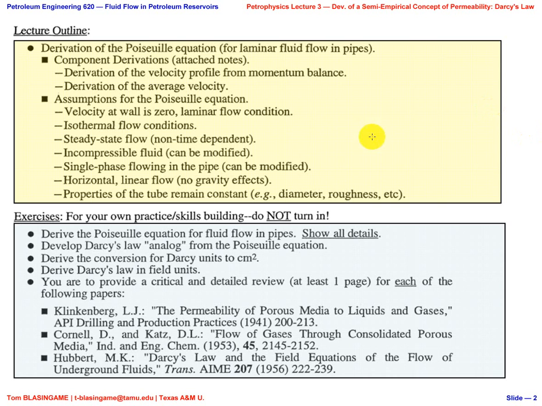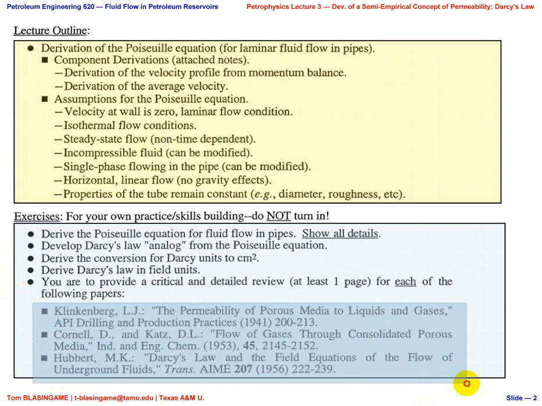So what I've asked people to do in the past was to derive Poiseuille's law and develop Darcy's law from that, and then do a conversion from Darcy units to centimeter squared, and then derive Darcy's law in field units. These papers are the ones I've discussed before. I think I actually have you read a couple of these.